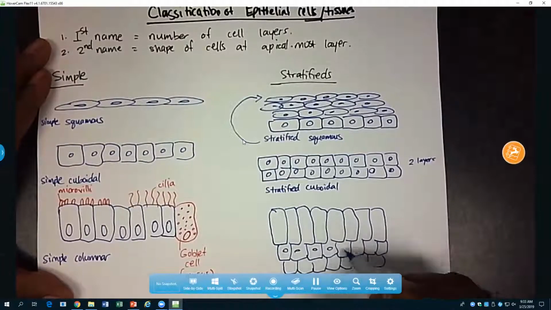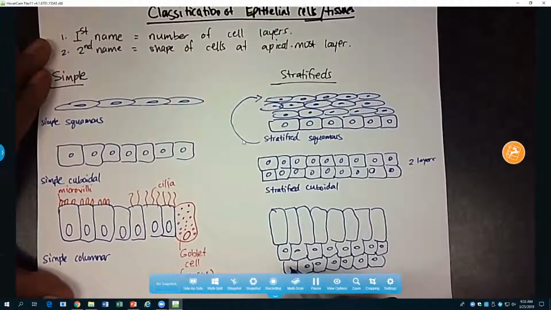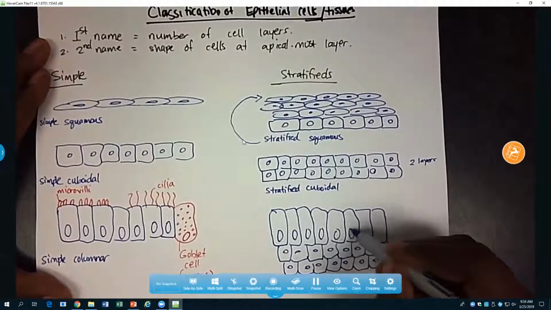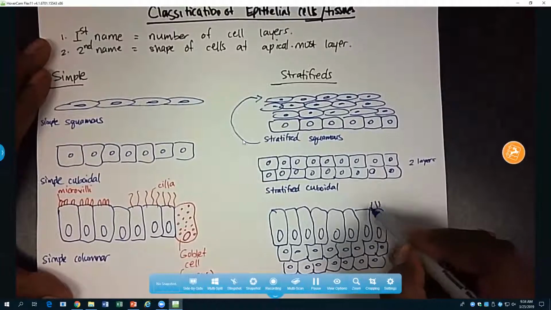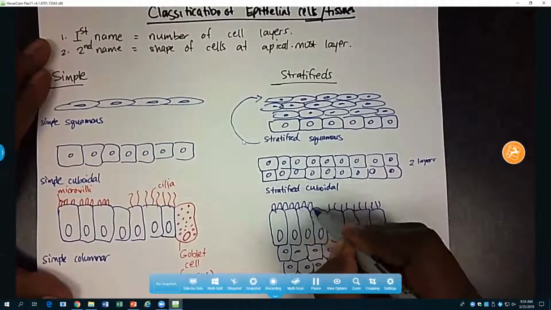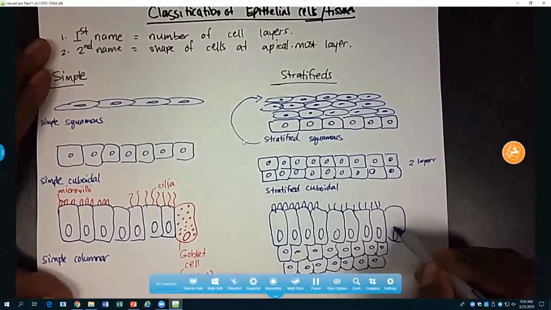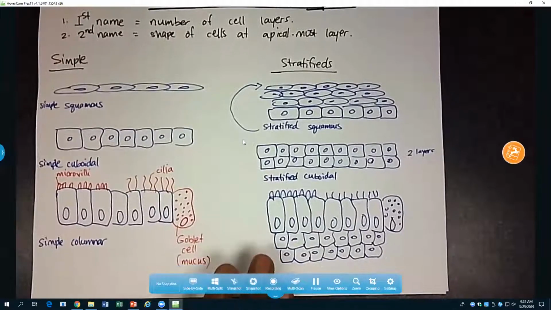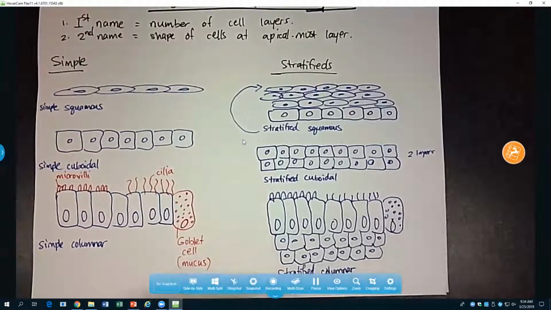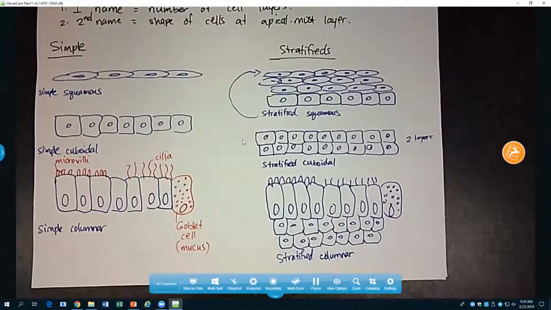So we've got these cuboidal cells that are responsible for regenerating these columnar cells at the top, which are the tissues named after these columnar cells, right? And again, we have associated cilia or microvilli, and then associated goblet cells. Alrighty, and this is your stratified columnar tissue. A very rare tissue. We'll talk about the few tissue examples in the body, but it's not very common throughout the body, stratified columnar.